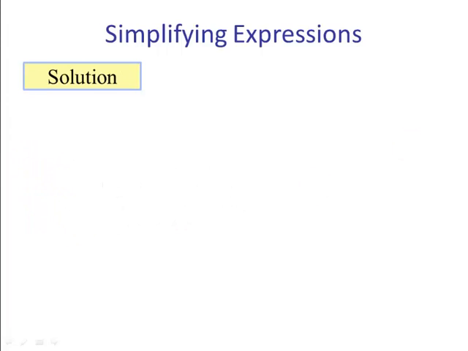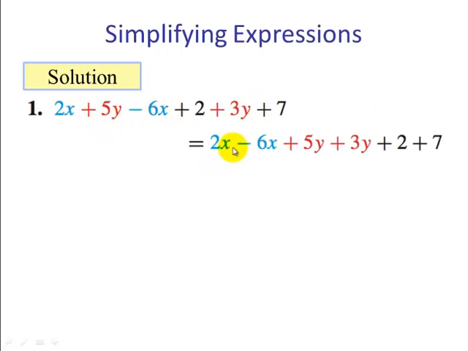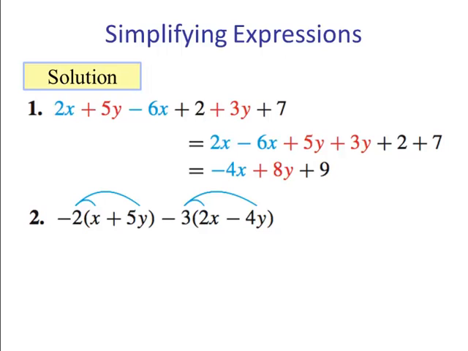So for number 1, if we were to group the x's together, then the y's together, we have 2x minus 6x plus 5y plus 3y plus 2 plus 7. And combining the coefficients, we get negative 4x plus 8y plus 9. Number 2, we have to distribute first.